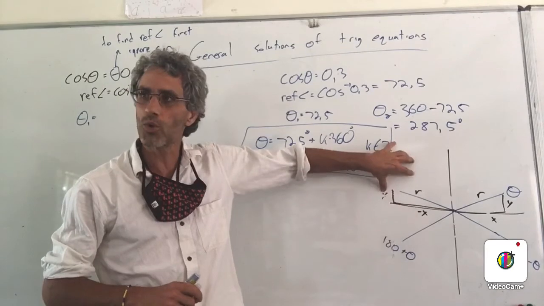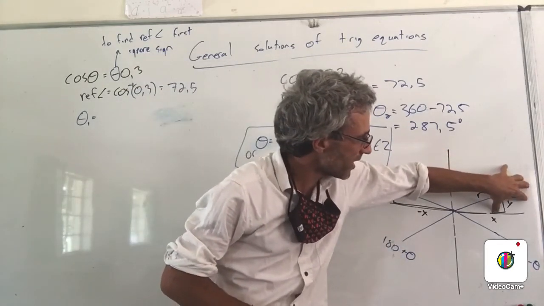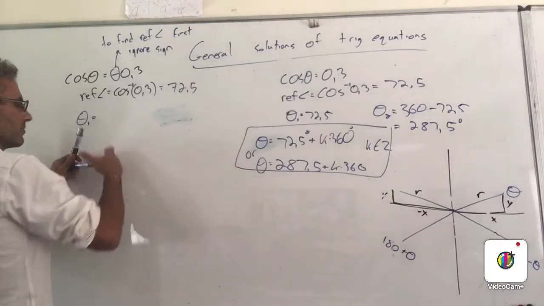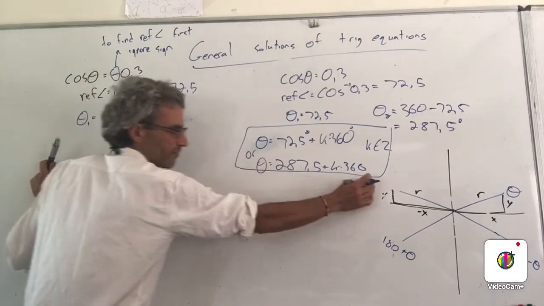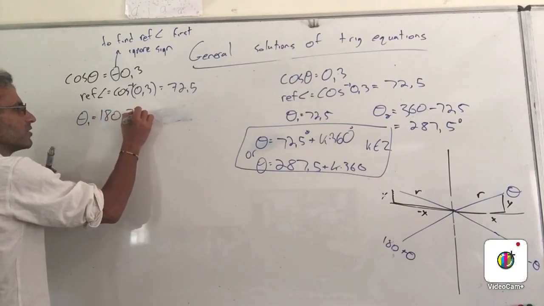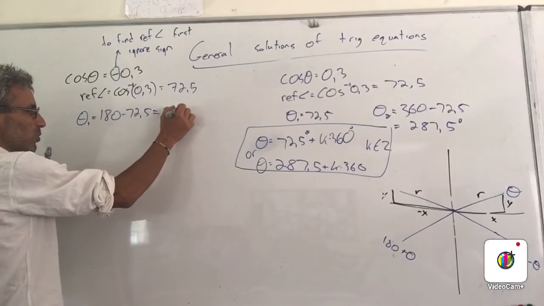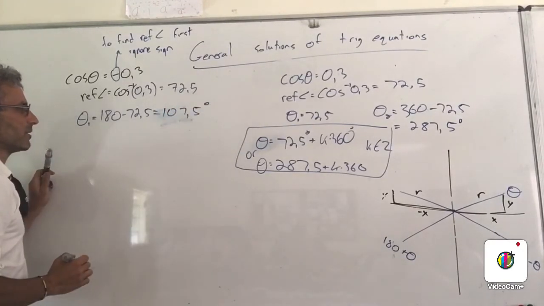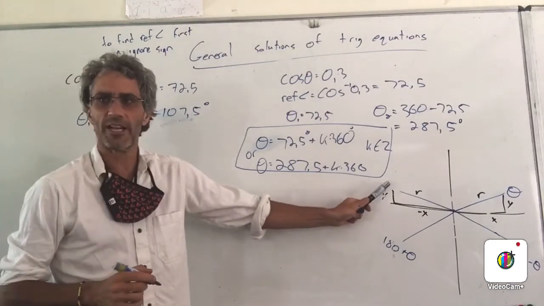Cos is negative here. So how do I go from here to there? How would I get the second quadrant answer? Changing to 180 minus. So to find the first solution, which lives in the second quadrant, I'm going to do 180 minus 72,5, which is equal to 107,5. Just check me, please. Yes, sir. Okay. That's my first solution that lives in the second quadrant.